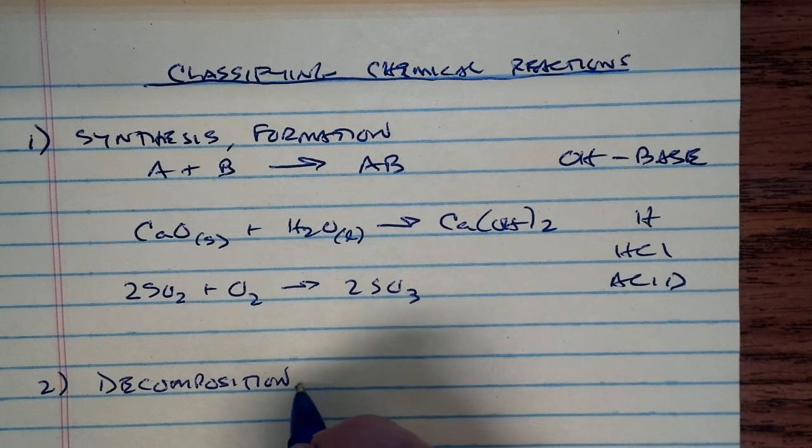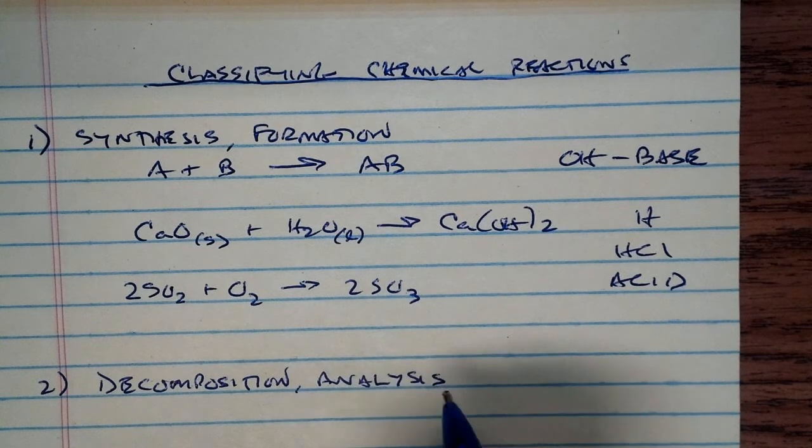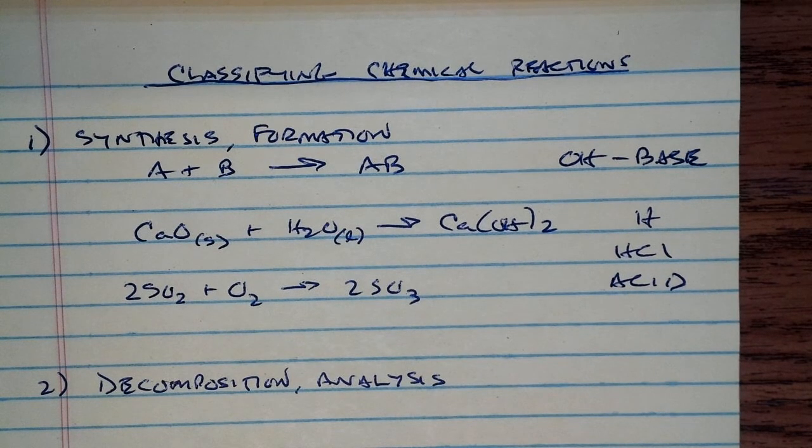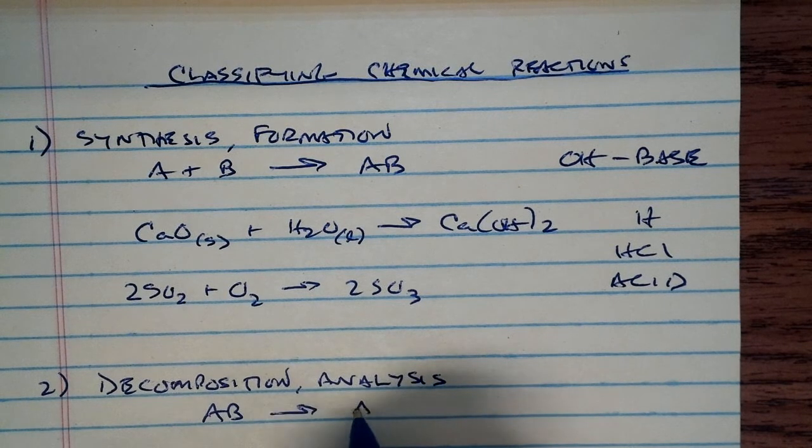Some people call it desynthesis or something? Analysis. Okay. And this would be AB. They're already together, and they're going to separate into A and B. They're getting a divorce.